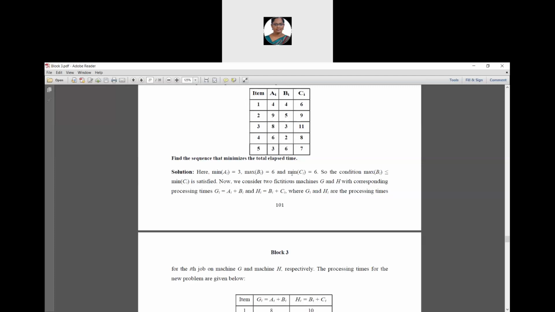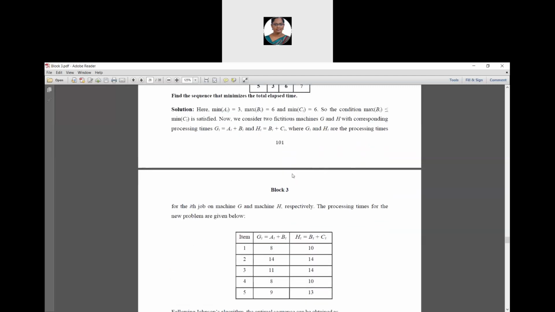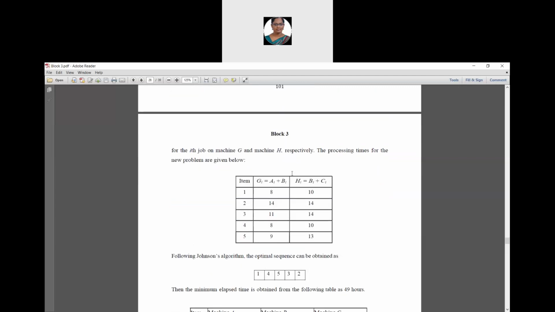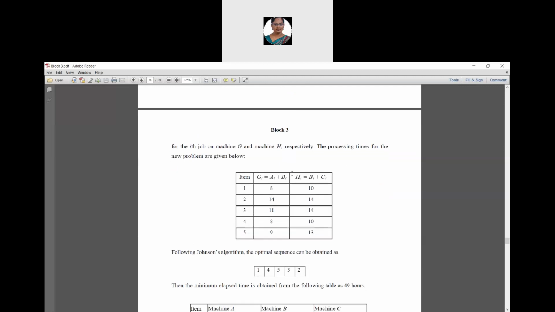Now, we consider two fictitious machines G and H with corresponding processing times. G equals the addition of the first two machines, A and B, and H equals the addition of the second two machines, B and C, where G_i and H_i are the processing times for the ith job on machines G and H respectively. The processing times for the new problem are given below.